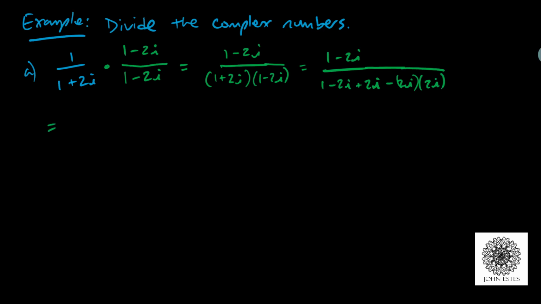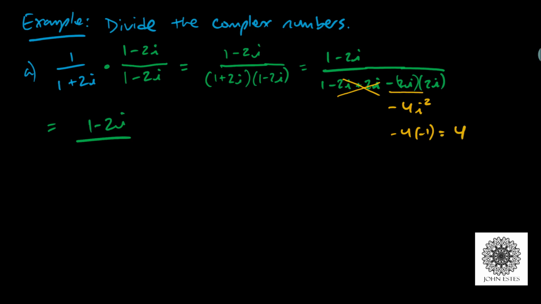Now this is going somewhere. My numerator, just leave alone. But watch what happens in my denominator here. I have a negative 2i and a plus 2i. Those cancel out. And I have a negative 4i squared. And what's i squared? Oh yeah, that's right. i squared is negative 1. This becomes positive 4.